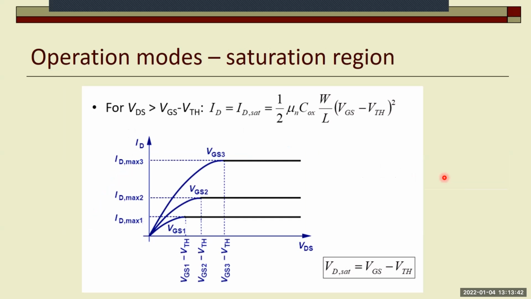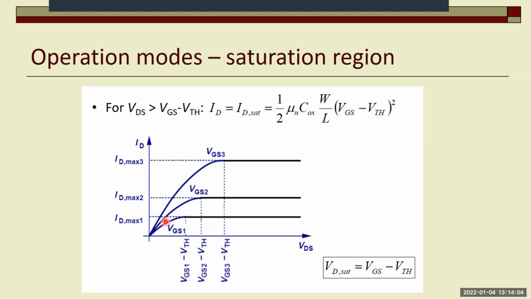But once we get into the saturation region, the drain current is only a function of VGS and VTH, and these are constant once VGS is larger than the threshold voltage, and VDS is equal or larger than VGS minus VTH.